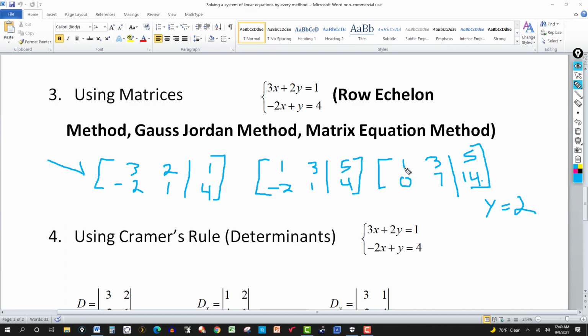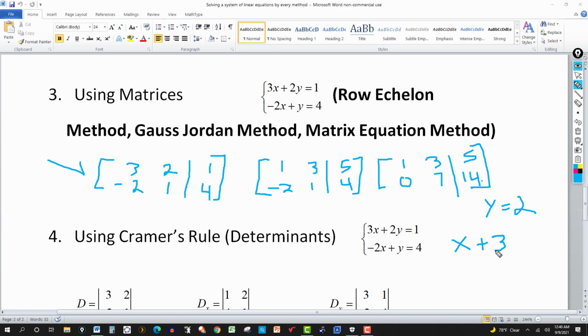Now, in the top row, this is still the same. This is just saying 1x plus 3y is equal to 5. So let's go back to the equation. The 1 is a coefficient of the x. The 3 is a coefficient of the y. But the y is now 2.